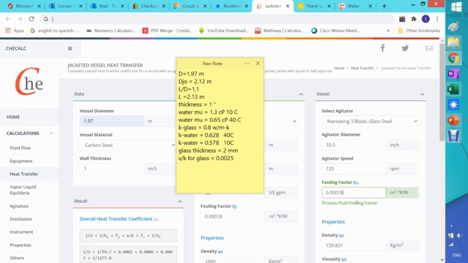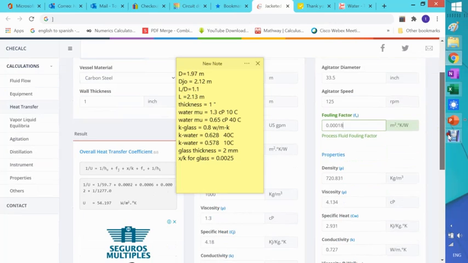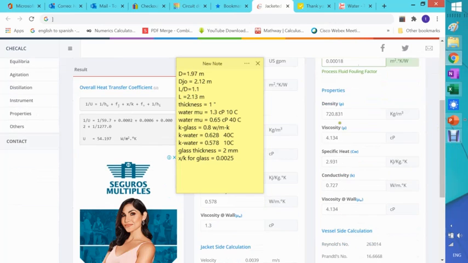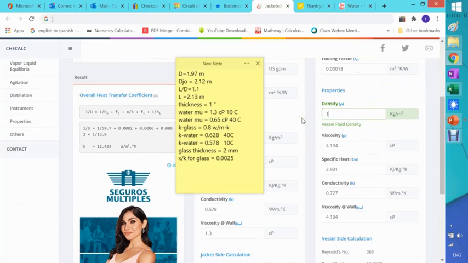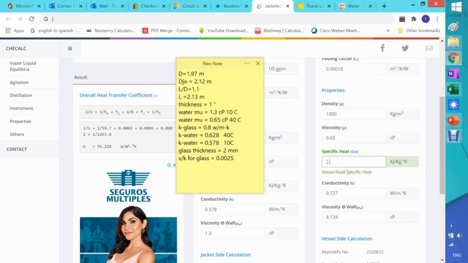Fouling, I will leave it the way it is, although I will do a minor change. How about the density? Well, let's use water. The viscosity, water at 40 degrees is about 0.65 centipoise. The specific heat is about 4.18.